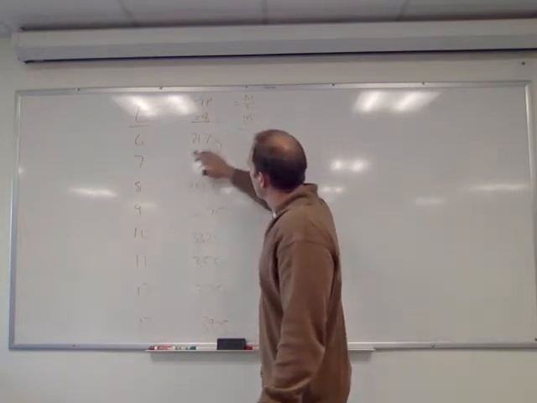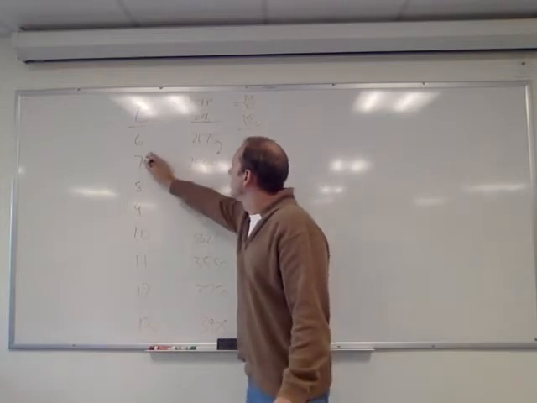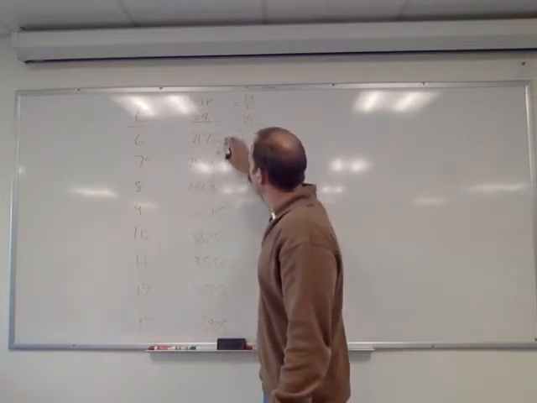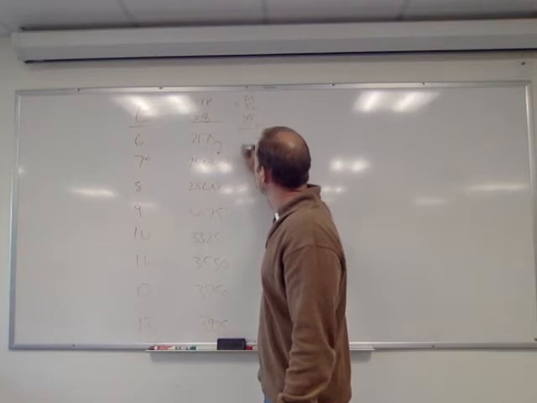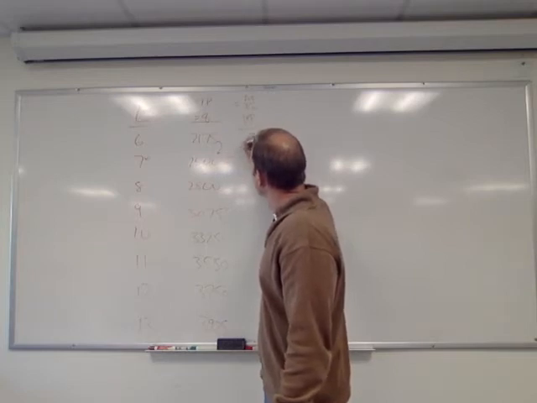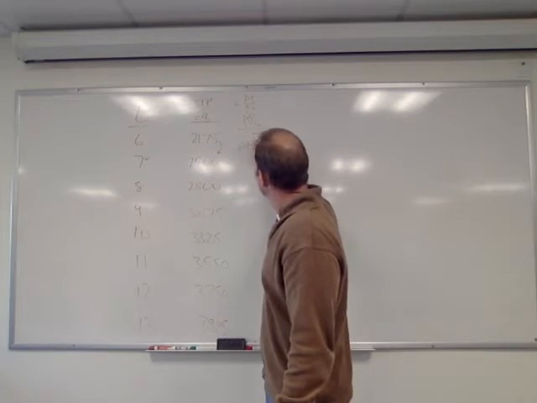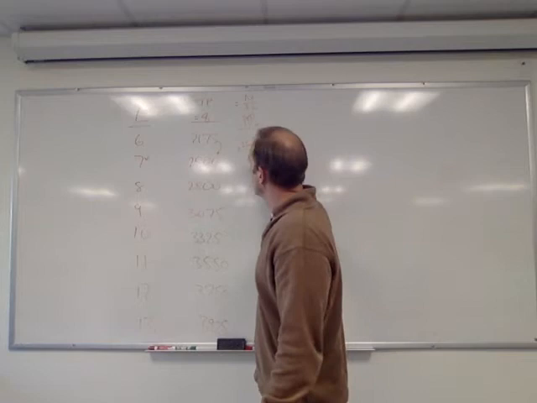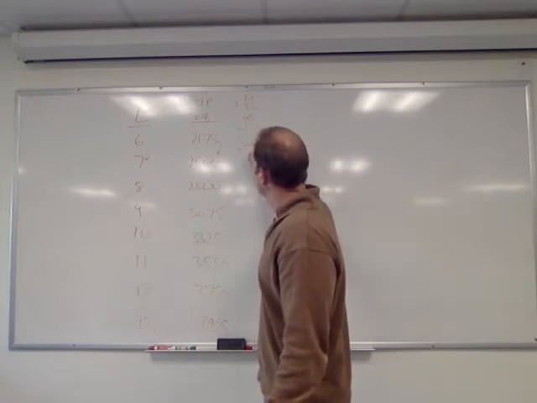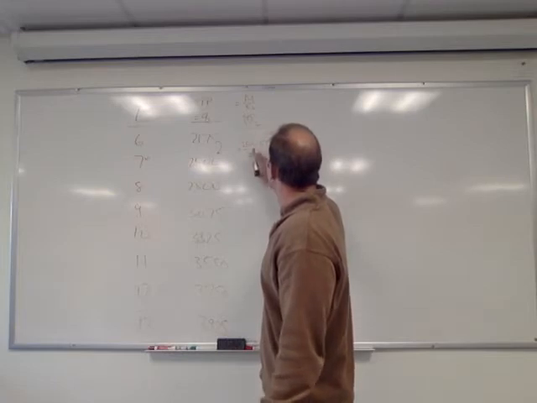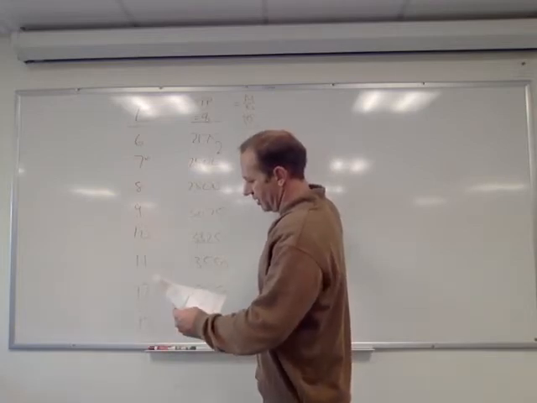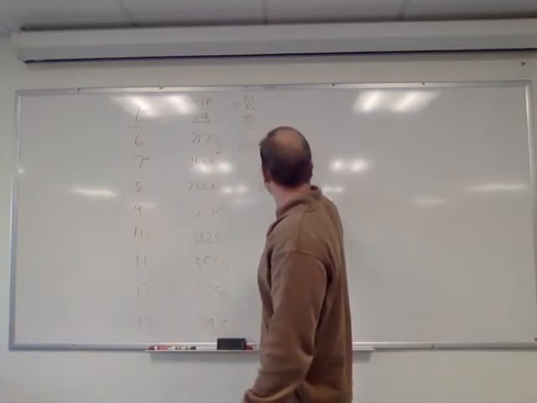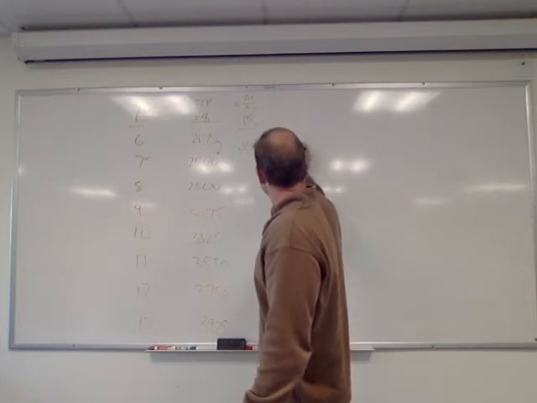So let's see. When worker number 7 comes in, output rises from 2,175 to 2,500. So written out, this is equal to the new output, 2,500, minus the old, 2,175, over the new number of workers, 7, minus the old, 6. You're talking about a difference of 325 over 1, which is 325.